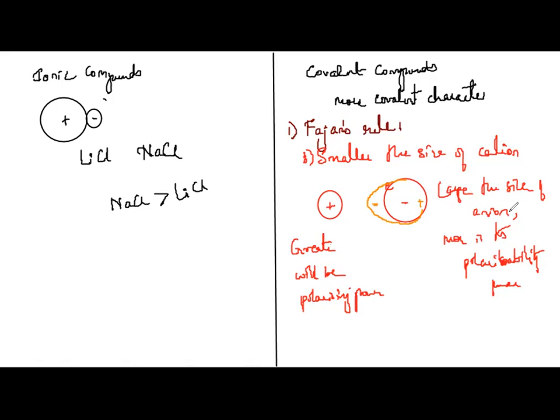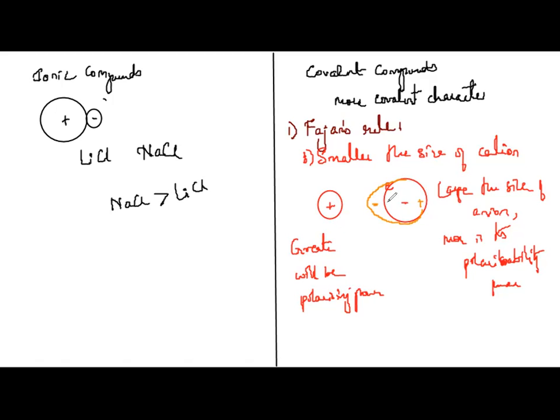Yes. Larger the size of anion, more is its polarizability power. So since anion size is large, the outermost electrons are easily dragged by this nucleus, because this nucleus is holding those electrons loosely because the size is large. So it gets polarized very easily.